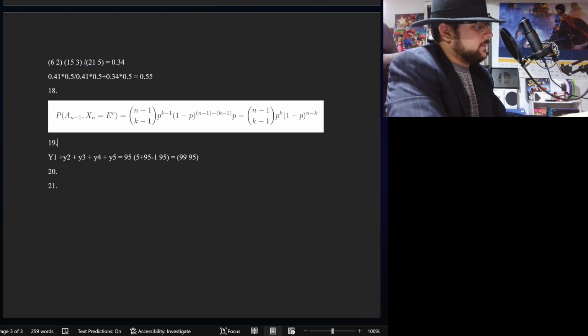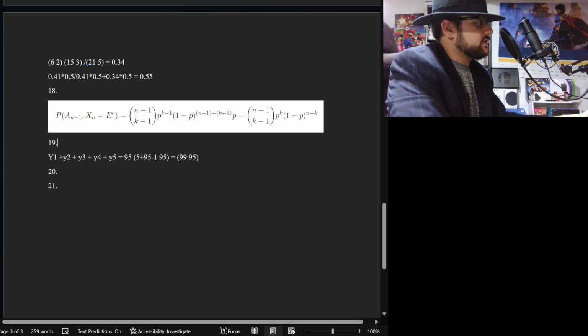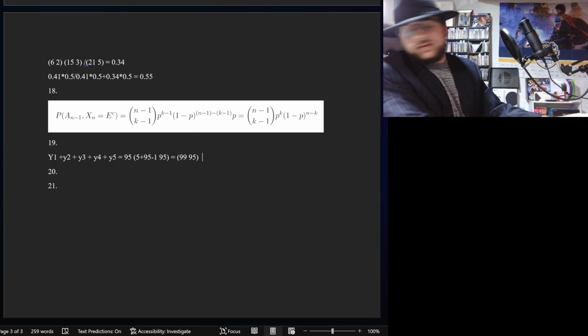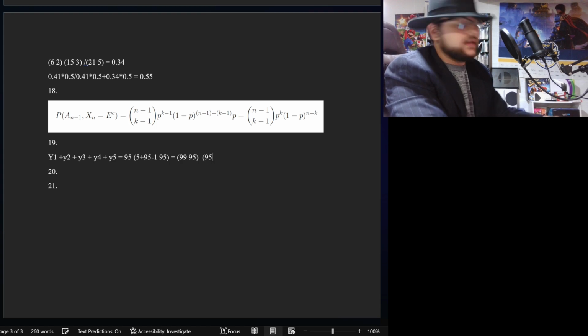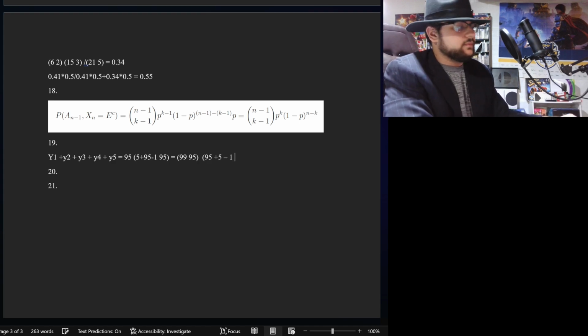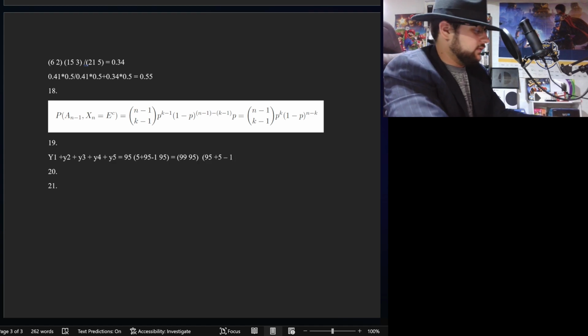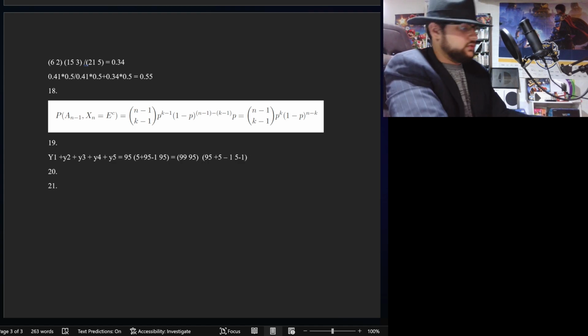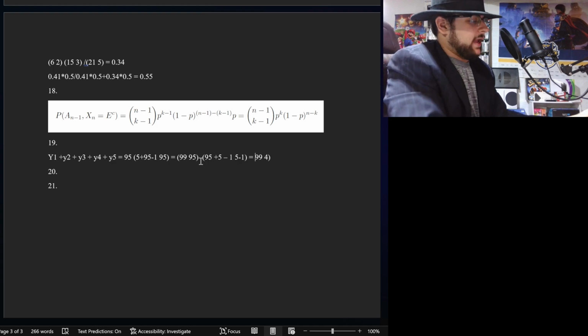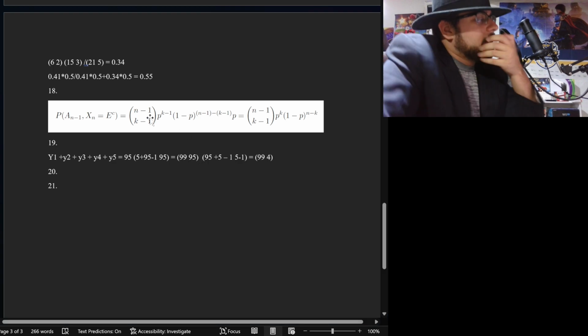Anyway, this is an answer that could work. You could do it that way. You can also do it this way: 95 plus 5 minus 1, since 1 is always all of them, and then 5 minus 1, which gives you 99 over 4. I did it that way after thinking about it a while.